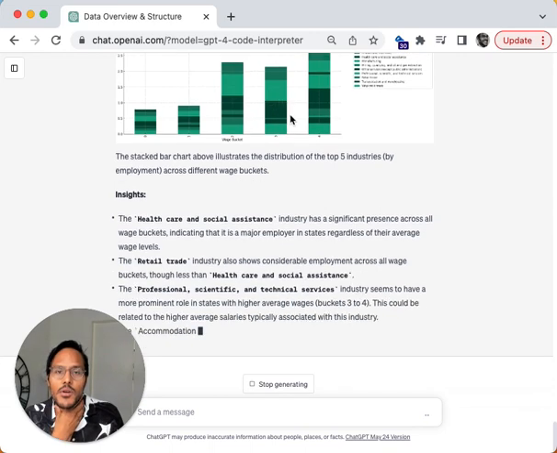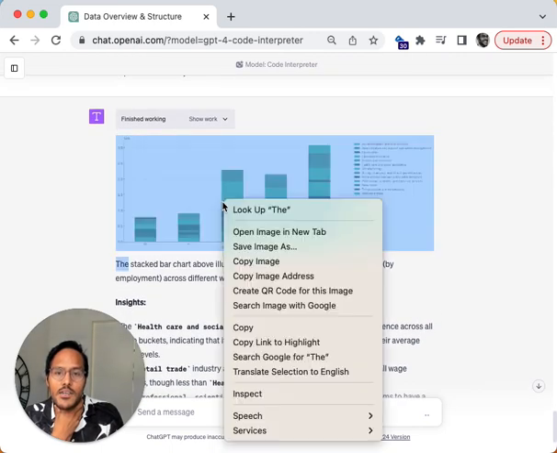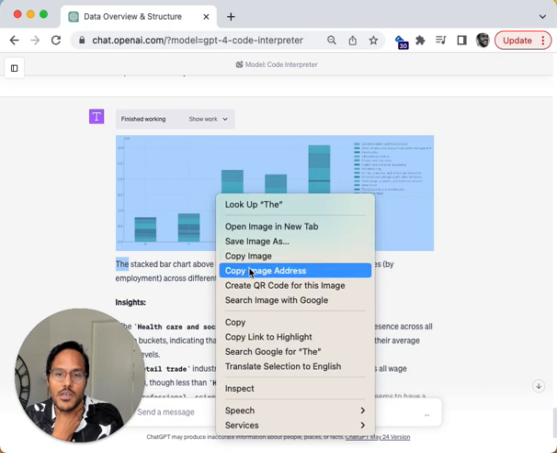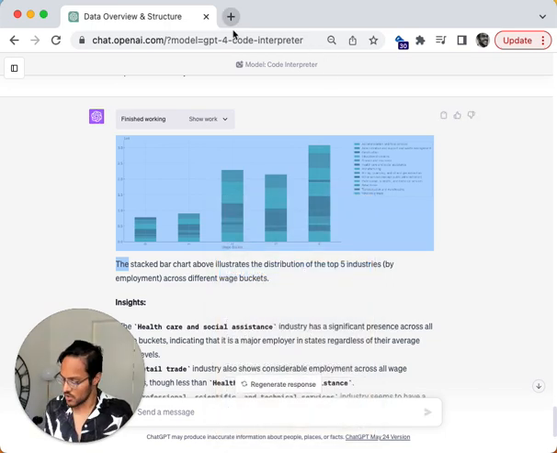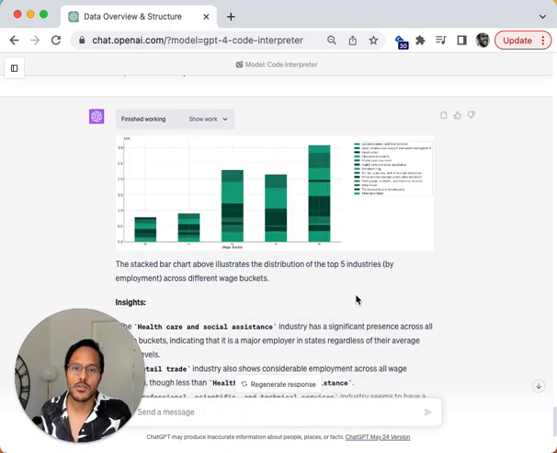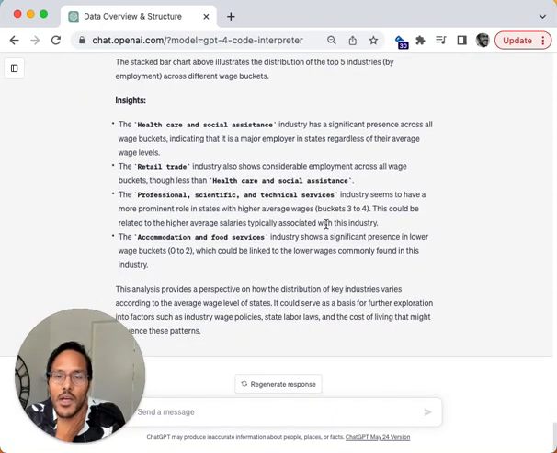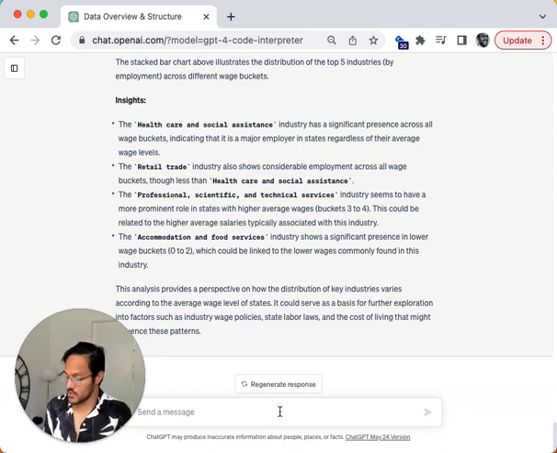So it looks like it didn't correctly show us the full image, but that's okay. It tried its best. There you go. Yeah. So we see. I don't think the insight was great. So let's do this.